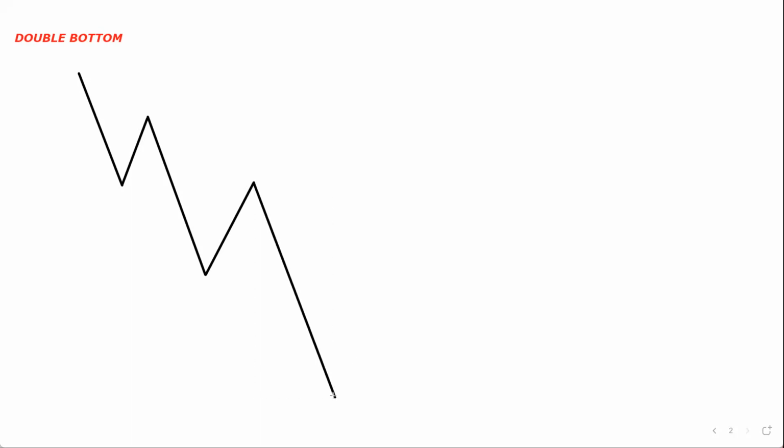And rather than the market creating another lower high, it comes back and creates an equal high at this zone right here. So just in case, let me label this for us. We have our lower lows. We have our lower highs, which means that the market is moving in a downtrend, creating lower lows and lower highs.